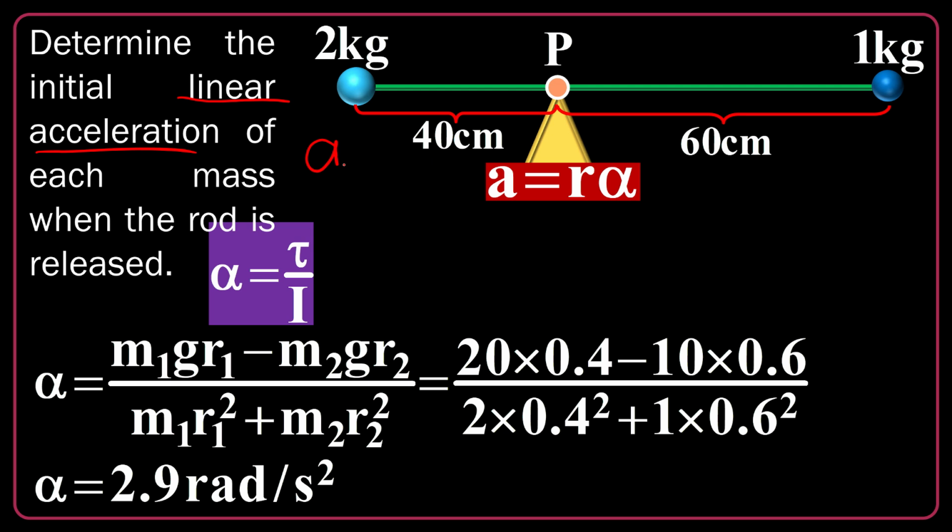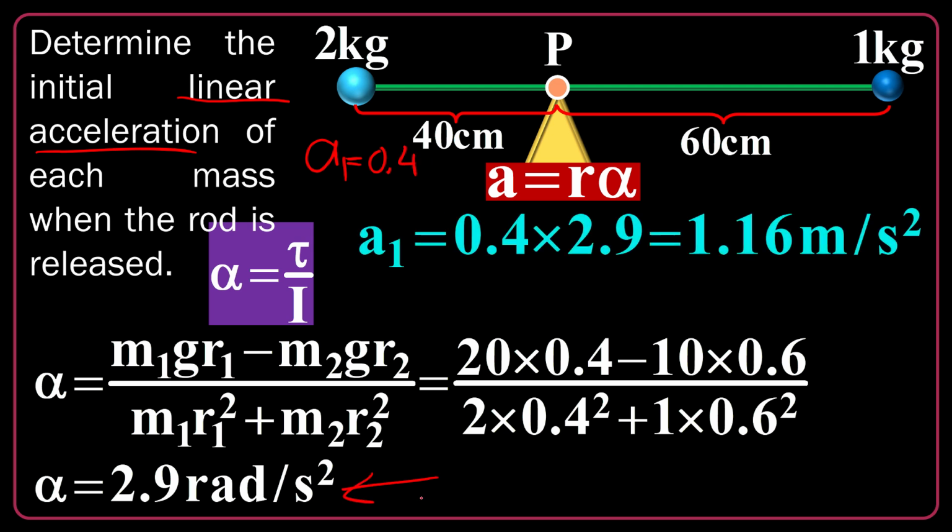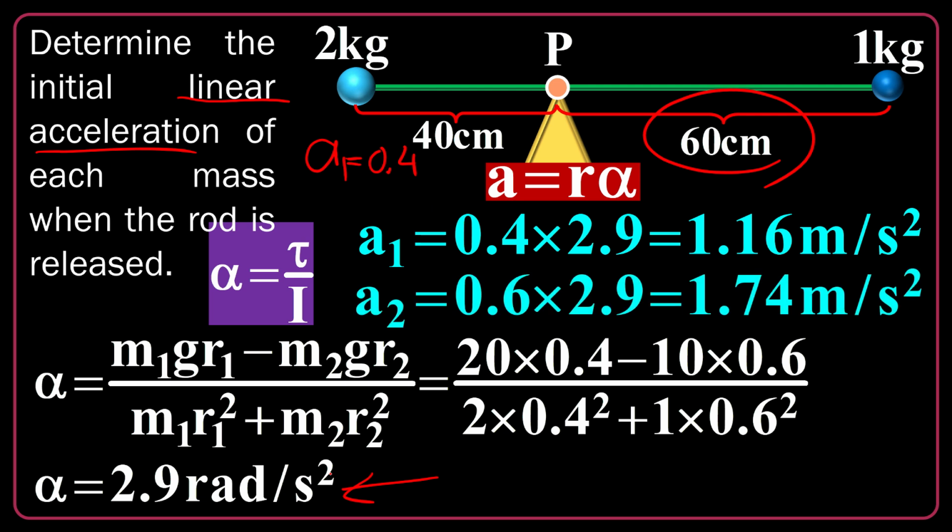Linear acceleration of this one is r alpha, 0.4 times this alpha. And the other is r, 0.6 times, again 2.9. That's a different thing. Although they have the same angular acceleration, they necessarily have different linear accelerations. Okay, that's the end of this question.